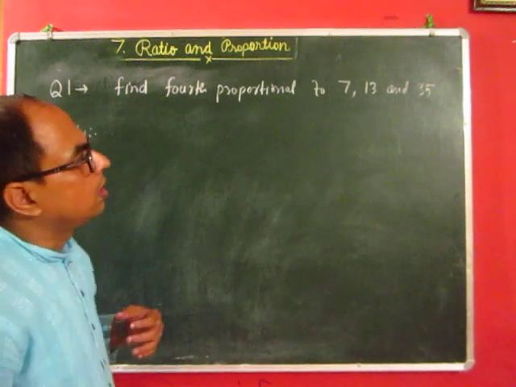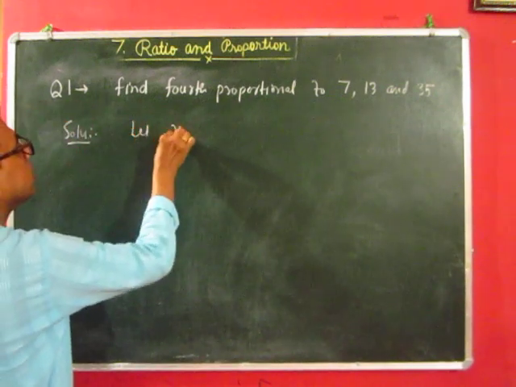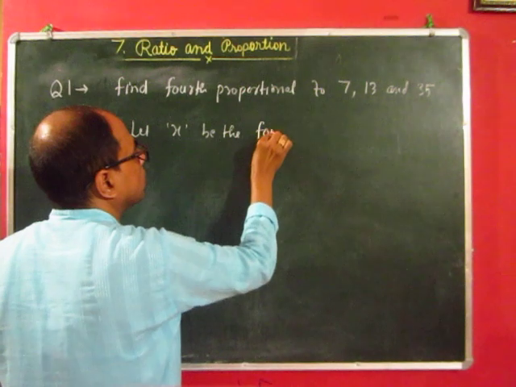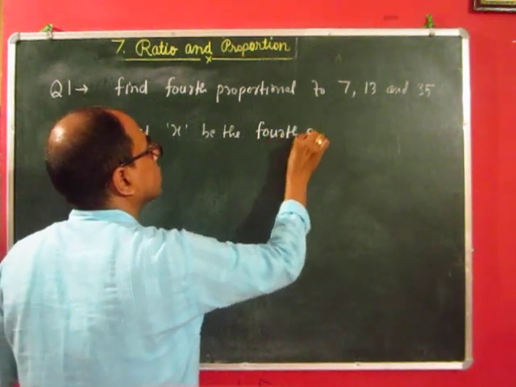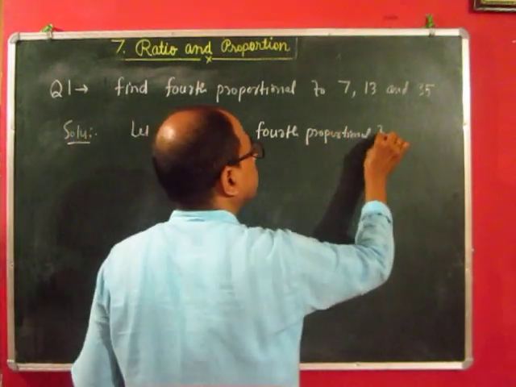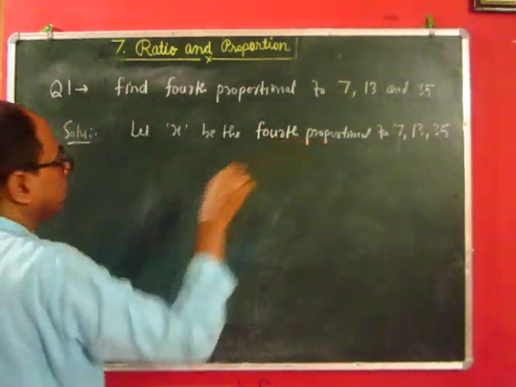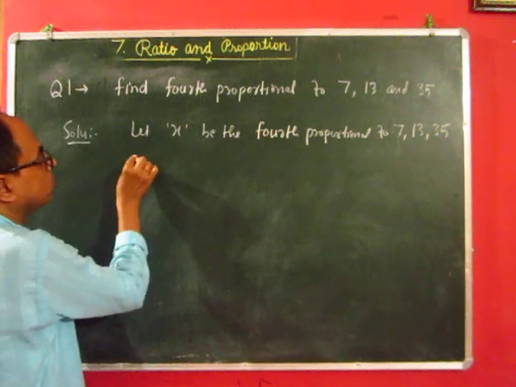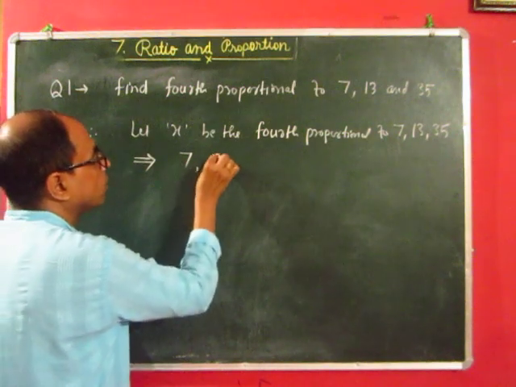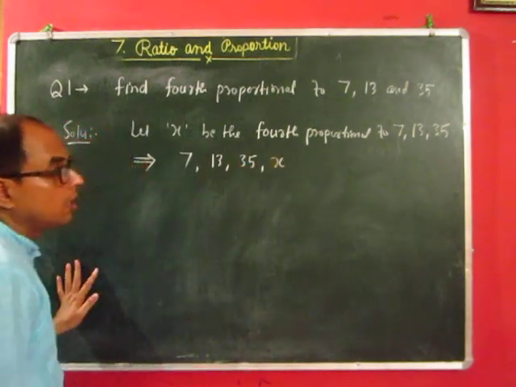So let x be the fourth proportional to 7, 13 and 35. So what is the meaning of this statement? This implies 7, 13 and 35 and then x are proportional.